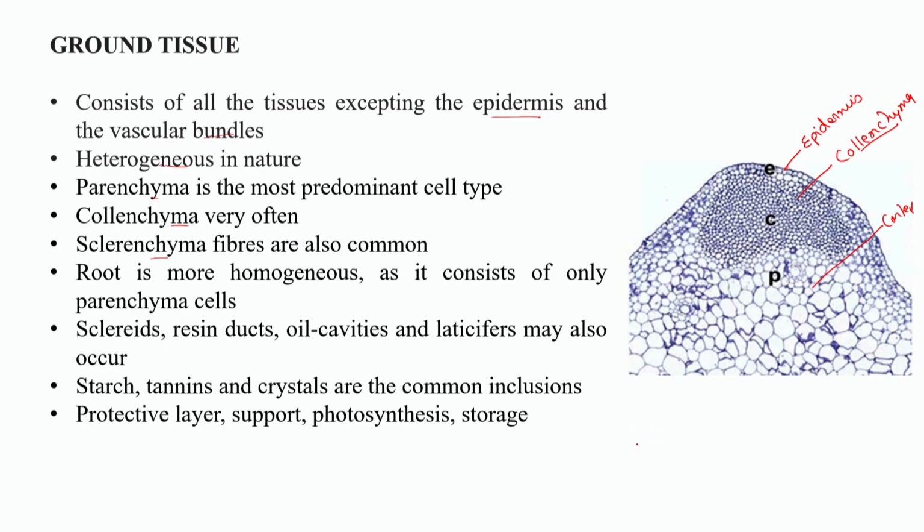Like if we say collenchyma is present in patches, then sclerenchyma is present as a continuous layer. Now you can have collenchyma arranged in a single, or 2, 3 continuous layers. Generally it is 2, 3 continuous layers. They will be thick walled, their corners will be thick.